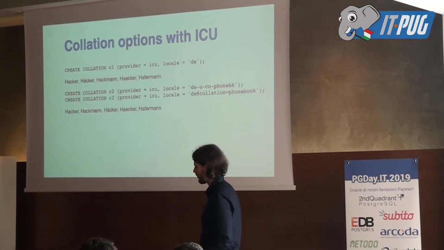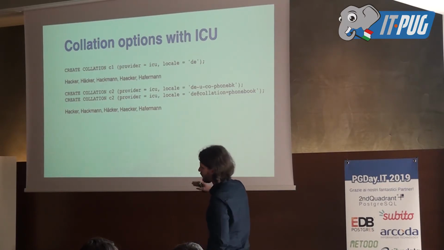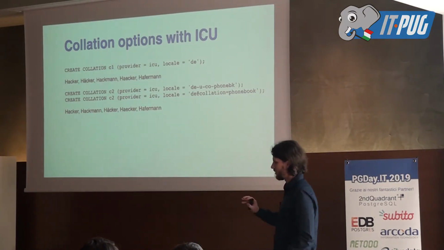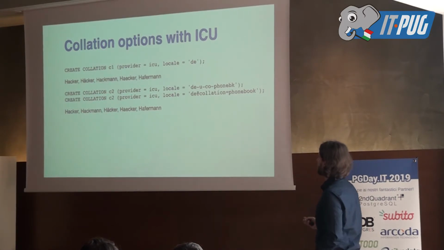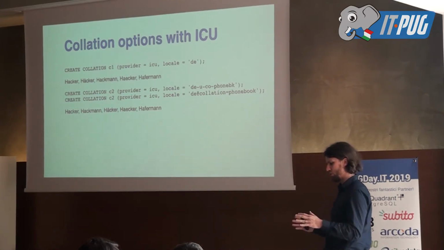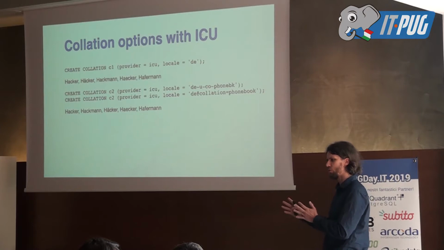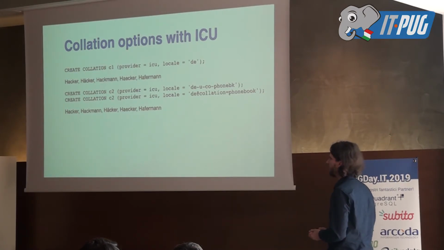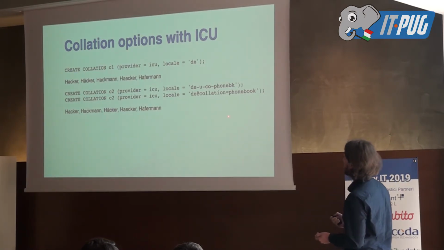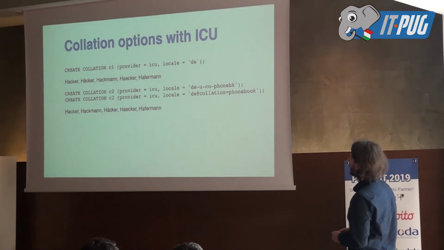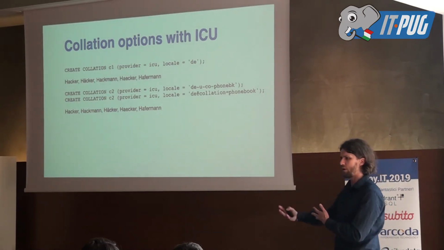That's a phone book. And for historical reasons or whatever, there's two different sort orders. One is mostly used for names, and one is used for anything else. And you can just pick that here, right? So use whichever your application requires.